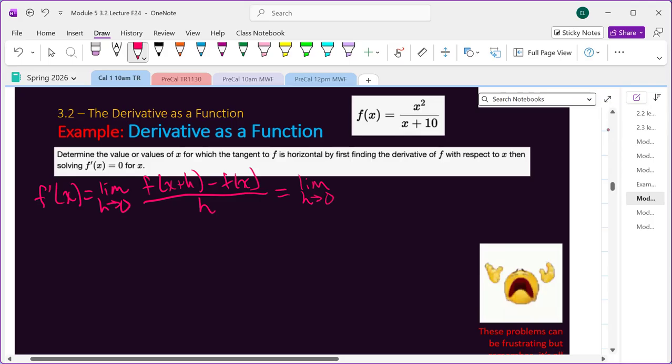All right, so the limit as h goes to 0. When I look at my function f of thing, I have thing squared divided by thing plus 10. The thing I'm putting in for this first one is x plus h.